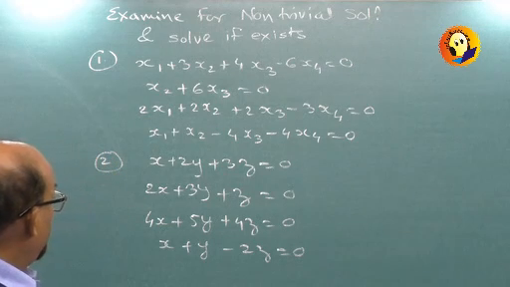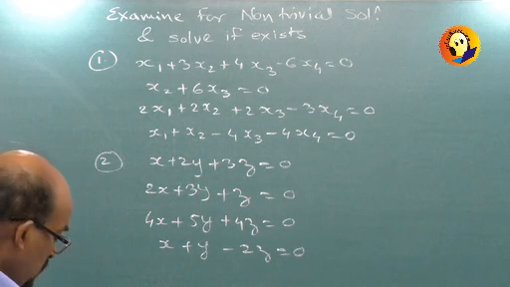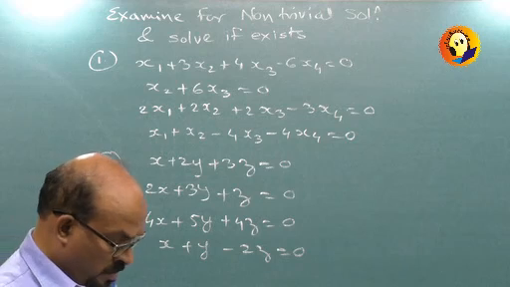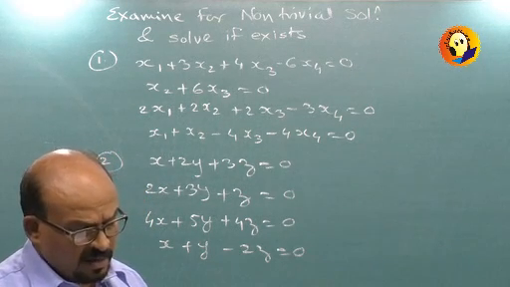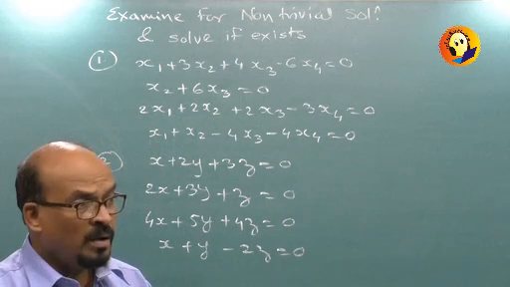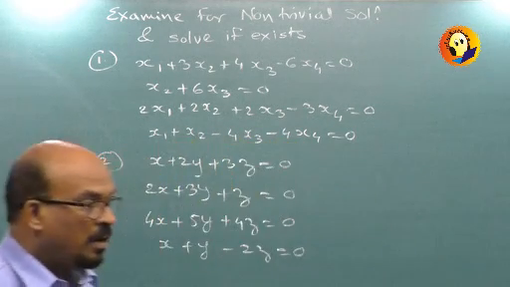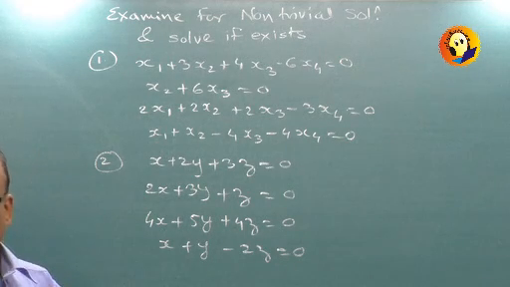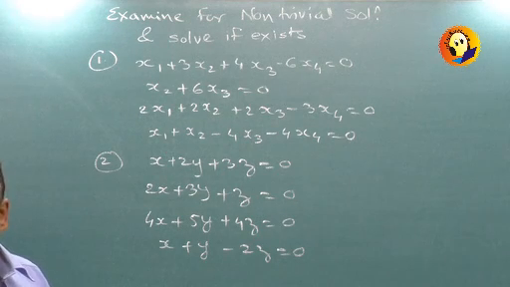x plus 2y plus 3z, 2x plus 3y plus z, 4x plus 5y plus 4z, x plus y minus 2z. What is the rank? 3. So, how many variables are there? Equations are 4, variables are 3. So, it has a trivial solution. How will you get the solution for it?